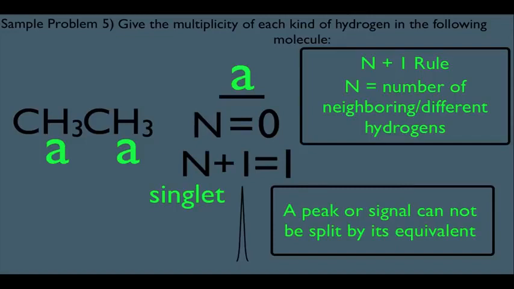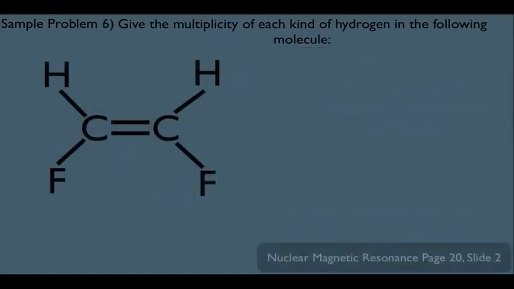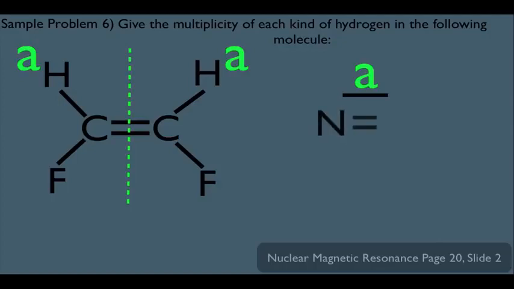So let's look at another example here. Again, what's the multiplicity for this molecule? Let's start right here and call this an A-type hydrogen. But notice we have a plane of symmetry, so this would also be an A-type hydrogen. And if we try to figure out the N value here, what is the N value for the A hydrogens?